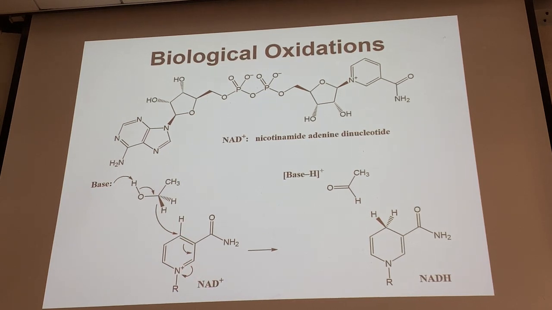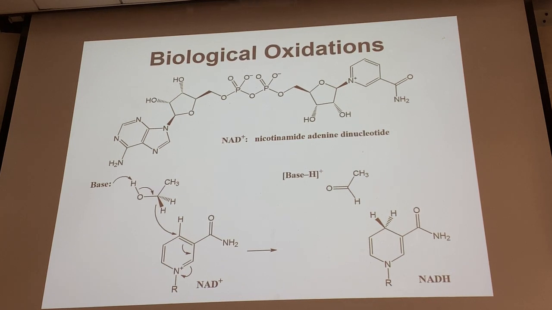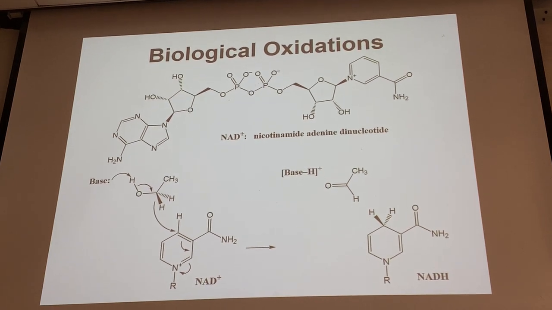In this example it's an aldehyde, and in the example from the beta oxidation pathway, it's going to be a ketone. And then NADH, our reduced coenzyme, is produced in this process as well. Questions?